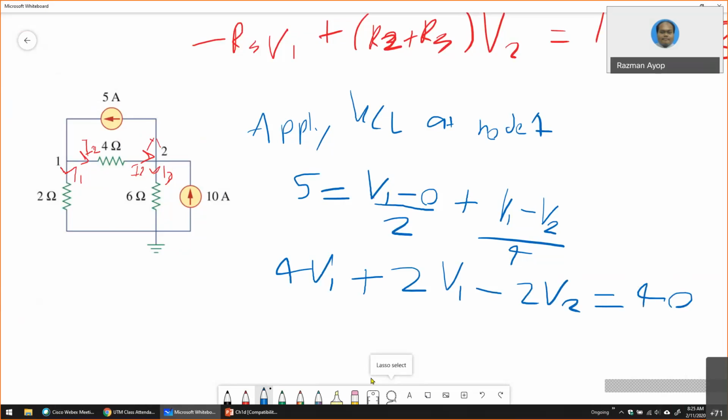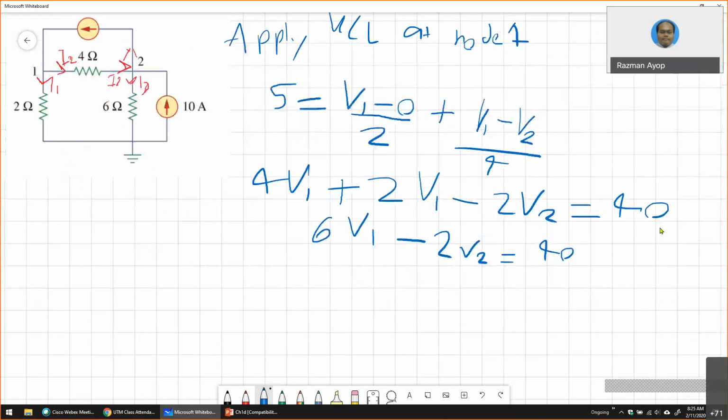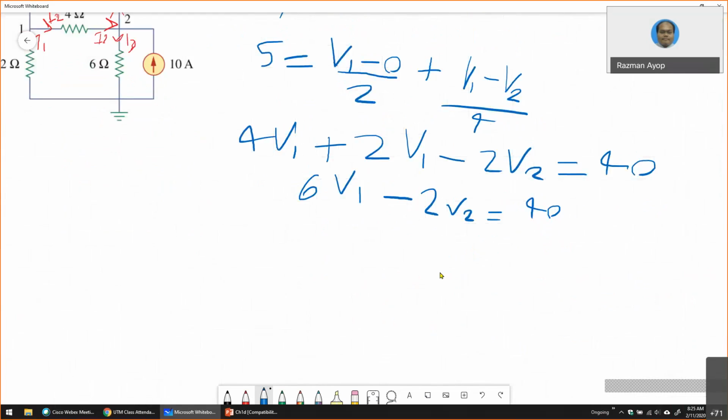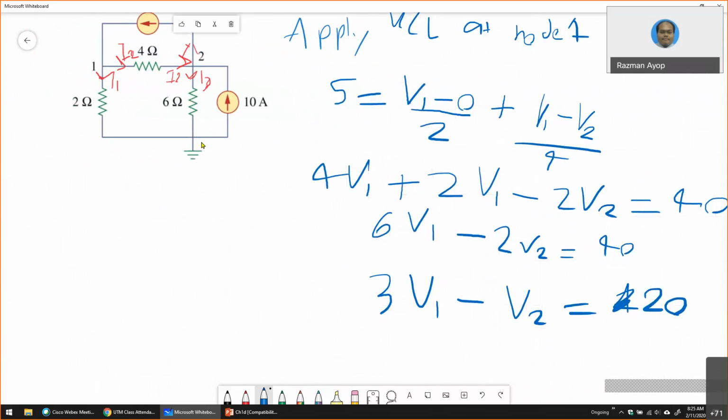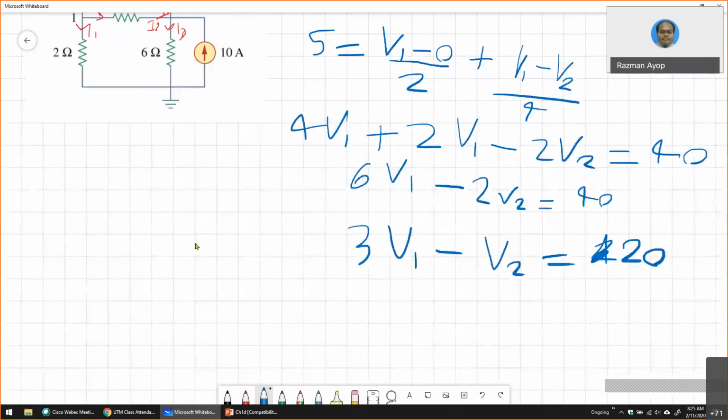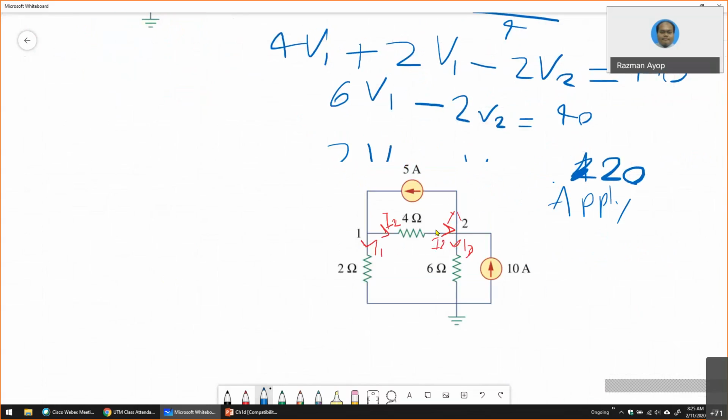So this one is 6V1 minus 2V2 equals to 40. So you can simplify this more. It is 3V1 minus V2 equals to 20. So you get the first simultaneous equation expression.